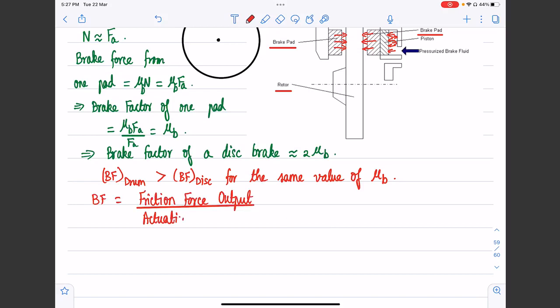All right, so this is the brake factor, and consequently we can immediately see that if a brake has a higher brake factor, I should be using that, right? But then we typically go for using the disc brake. Why do you think that is the case?